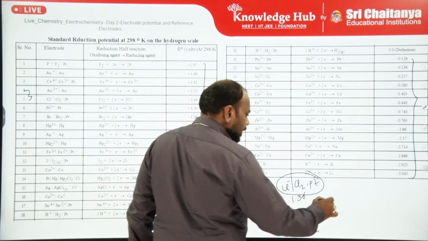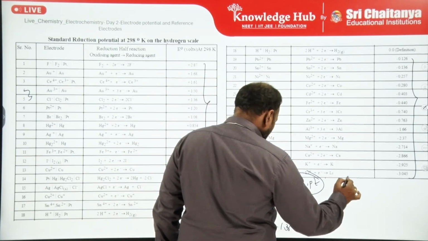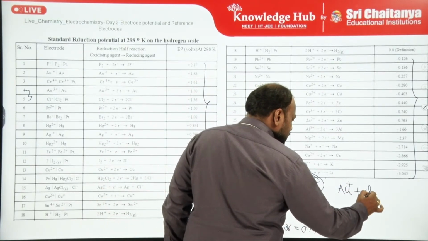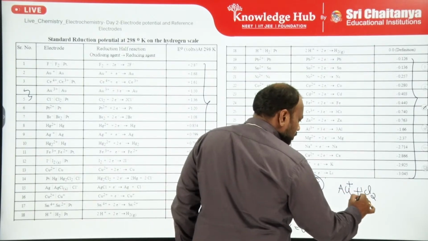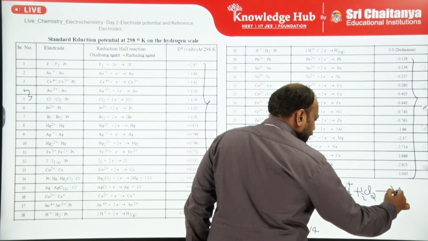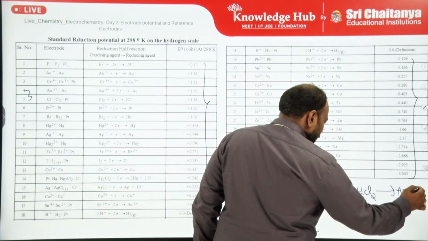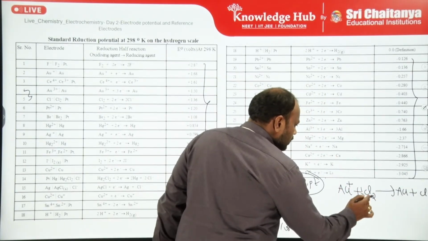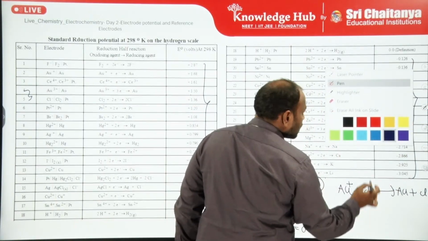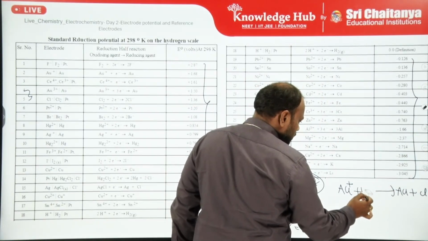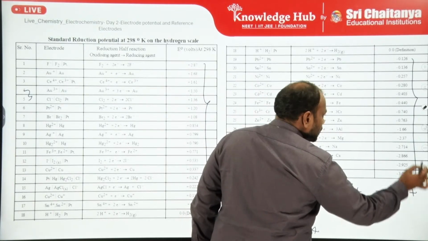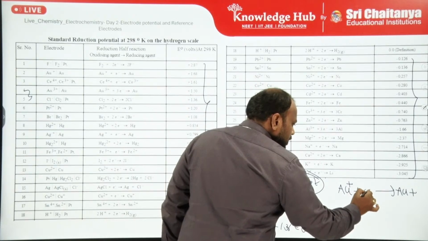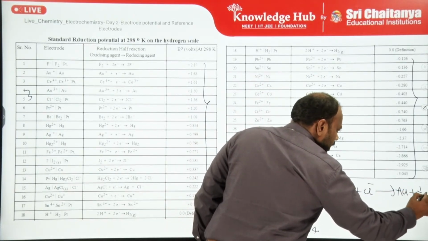See the overall reaction. Here Au plus 3 undergoes reduction, and Cl minus goes to half Cl2.